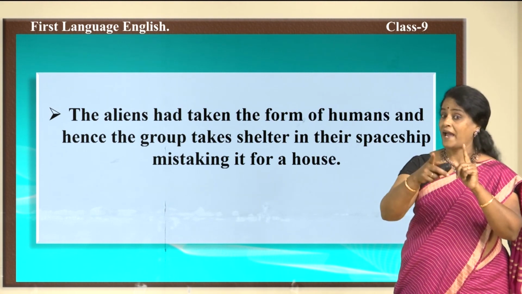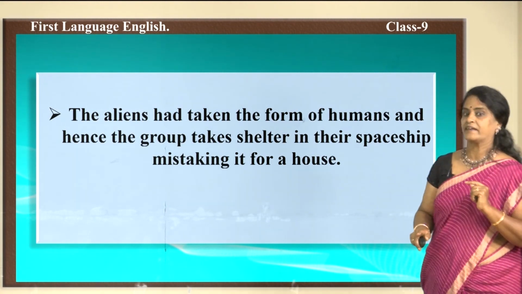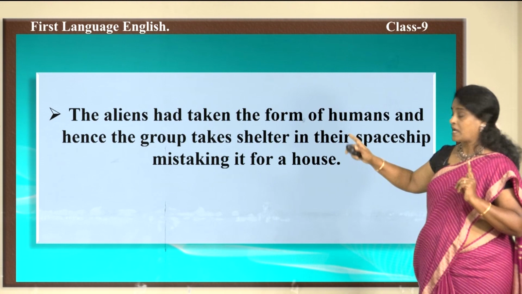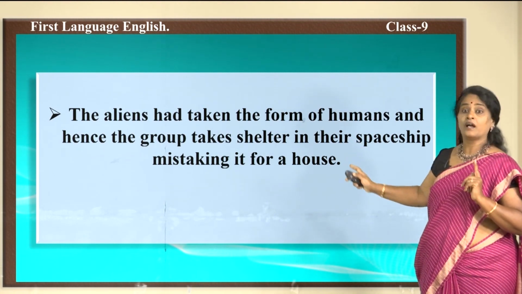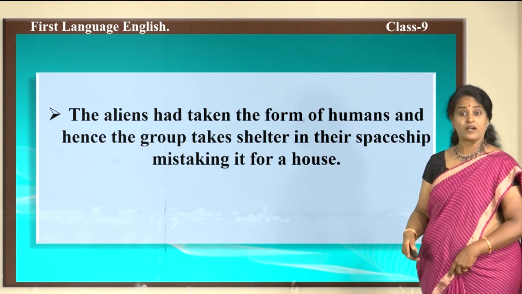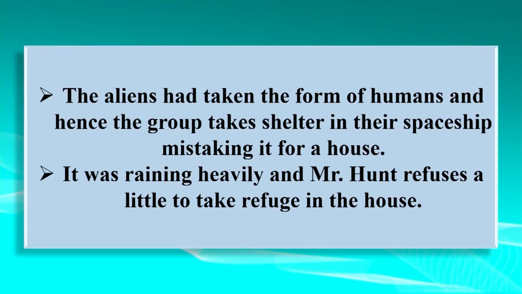Is it not? And the spaceship in which they had come, they mistook it to be a house because it was in the form of a house. As it was raining heavily, Mr. Hunt, as I told you earlier, refuses to take shelter in the house. Why?